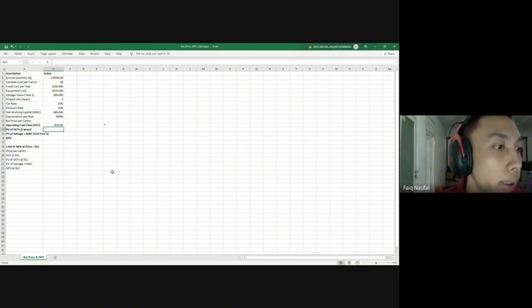Bear with me. Why is this minus? Because we haven't actually inserted anything for the bid price per carton. So just bear with me first.